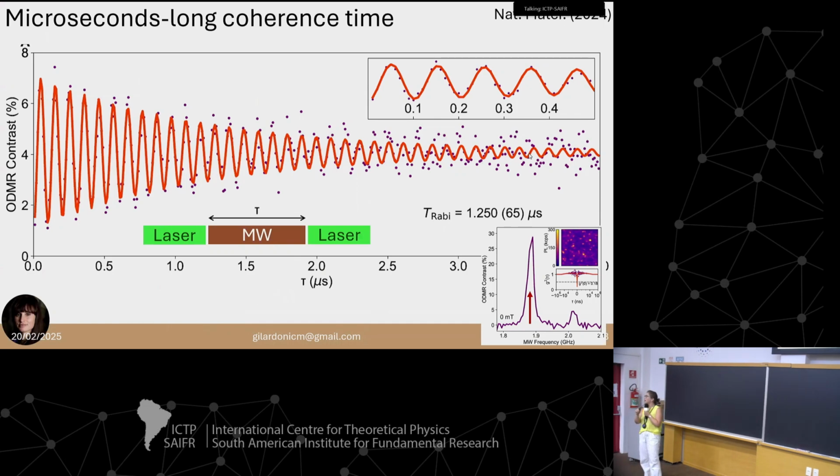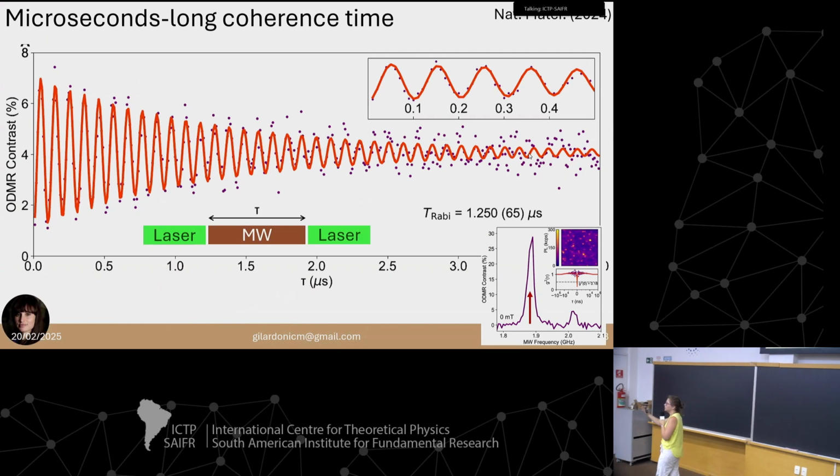So we can do Rabi measurements, and we can see this spin precession. This measurement is performed at room temperature, so at ambient conditions, right? So they have the necessary ingredients to allow us to sort of start to explore them further towards sensing.